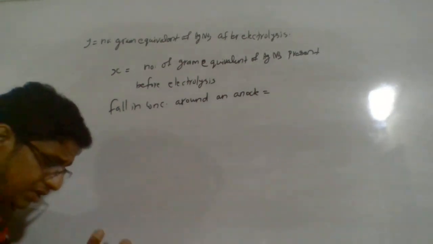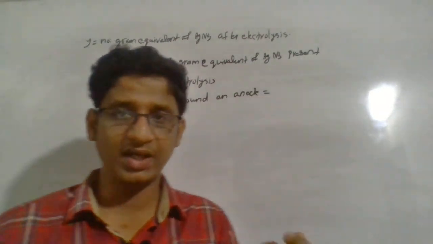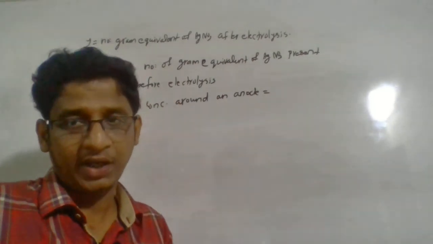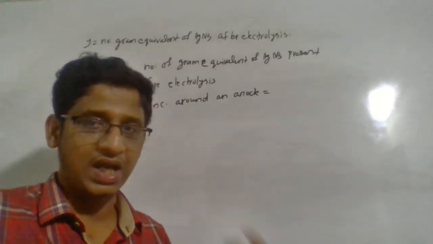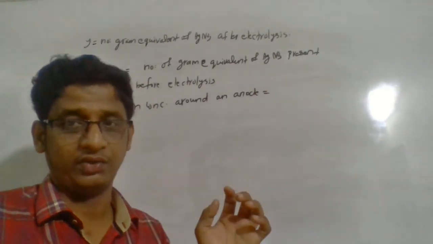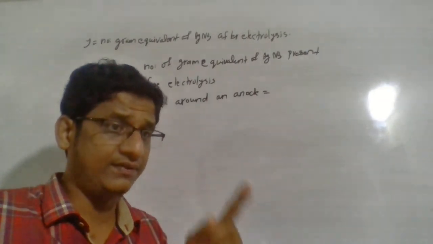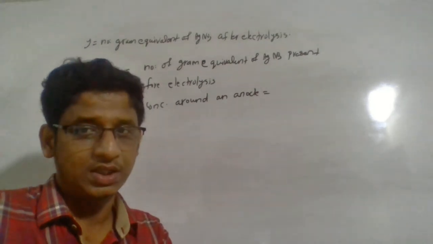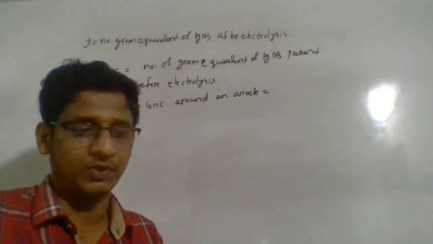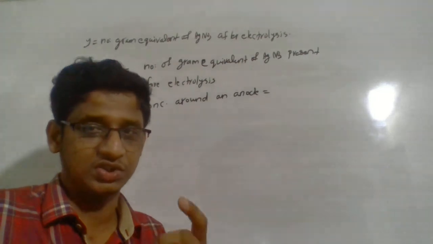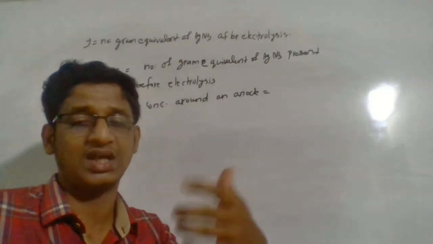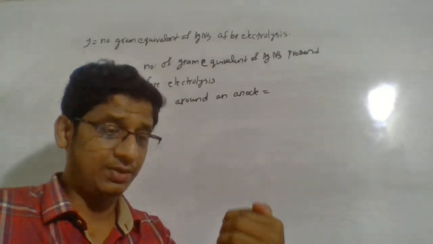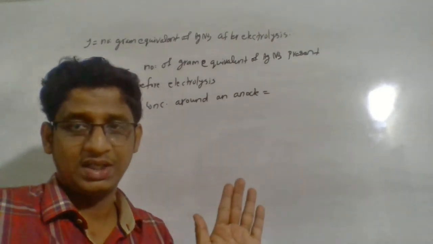Basically, in the Hittorf method, we measure the weight of the anode solution before electrolysis and after electrolysis, because some silver ions are moving to the cathode. So after electrolysis we see a decrease in concentration of silver ion if an inert electrode like platinum is used, because the inert platinum electrode does not involve in the reaction.